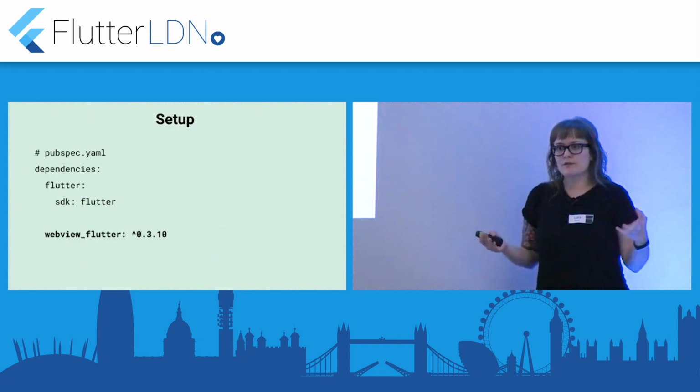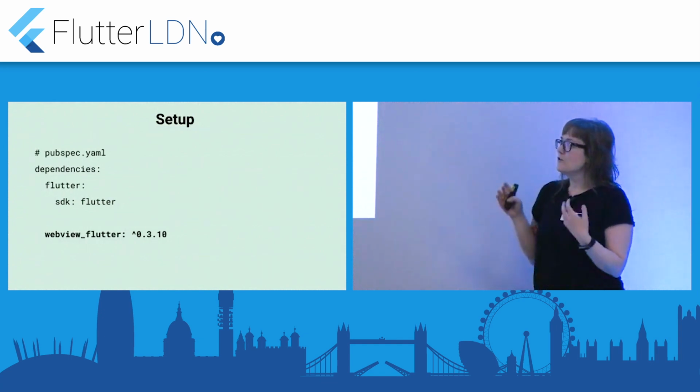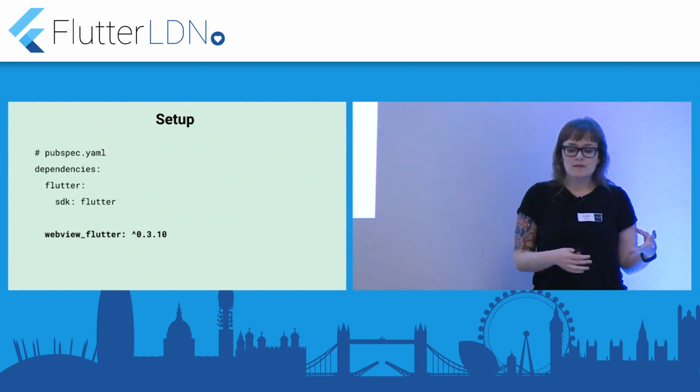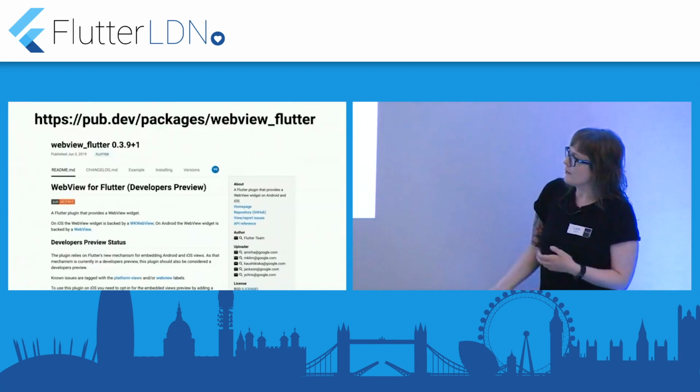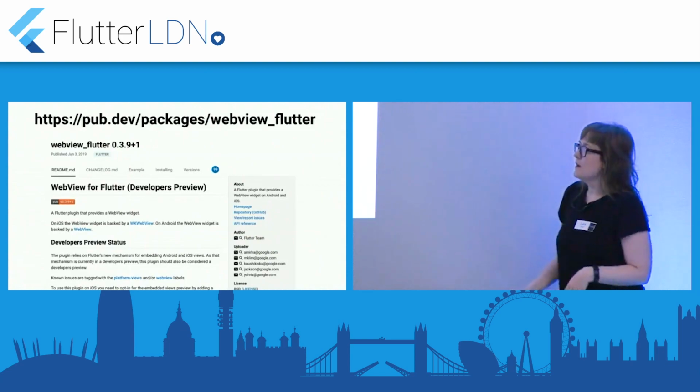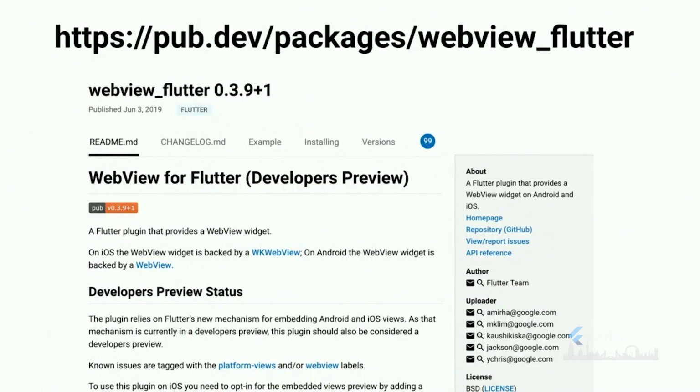After you synchronize and get the packages, you're ready to use it on Android. On iOS, there is another step I didn't display here, which is adding a key to the Info.plist file on iOS, to opt in to allow the embedded views.